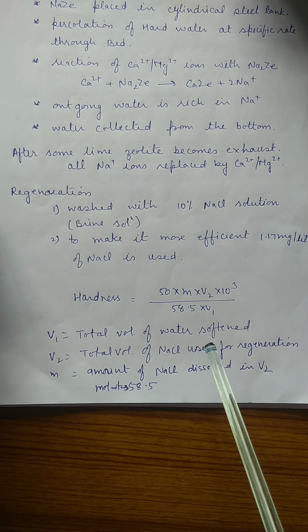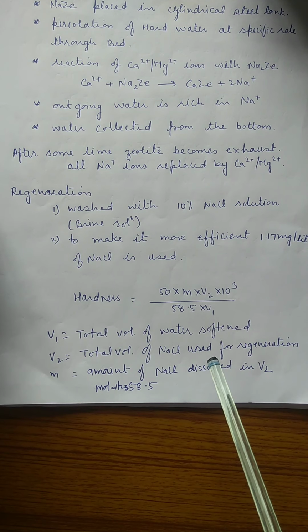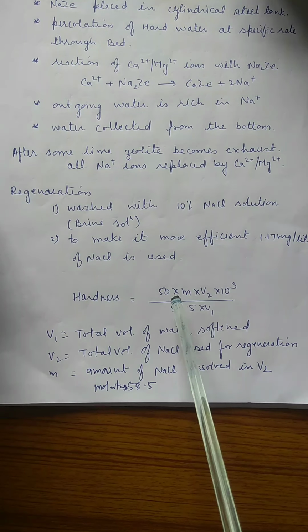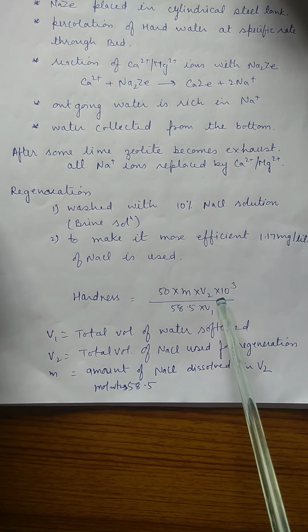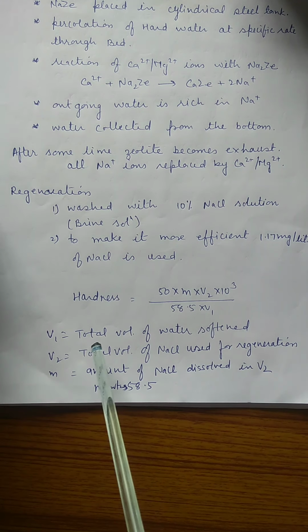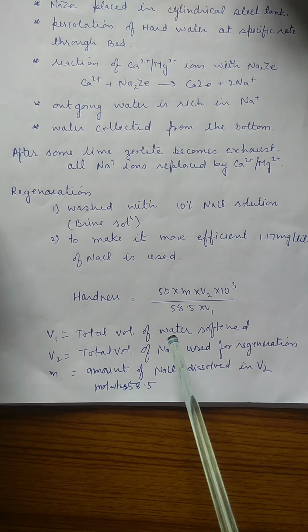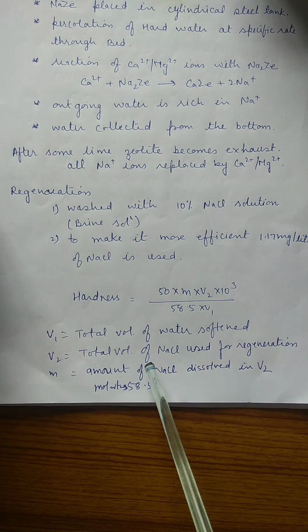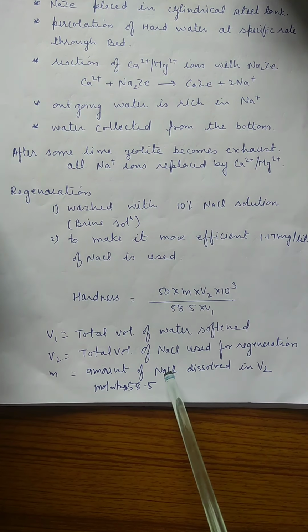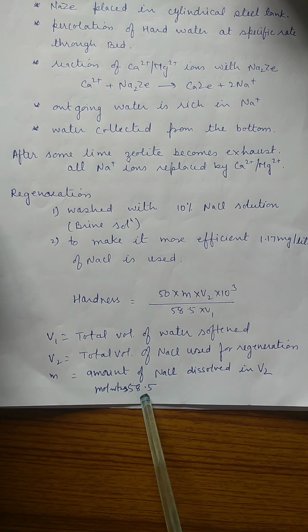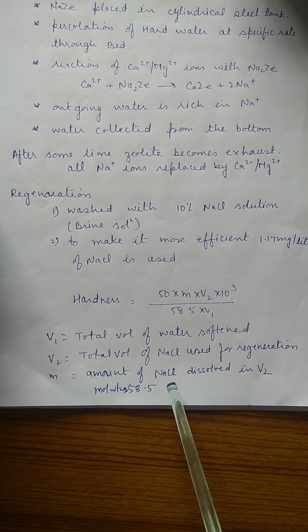The zeolite process reduces hardness to 0 to 15 ppm. With the help of the formula we can find the hardness: 50 into m into V2 into 10 to the power 3 upon 58.5 V1. V1 is the total volume of water softened, V2 is the total volume of NaCl used for the regeneration, and m is the amount of NaCl dissolved in V2 ml. The molecular weight of NaCl is 58.5.